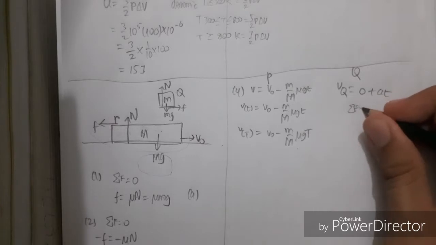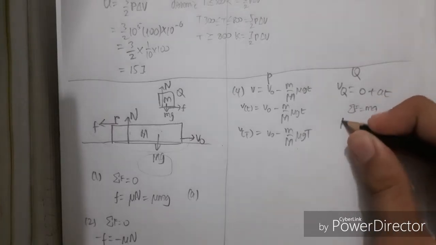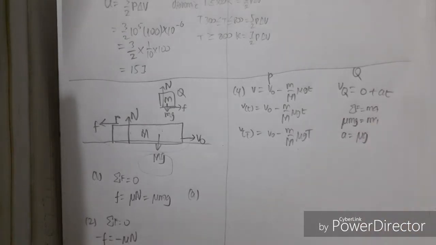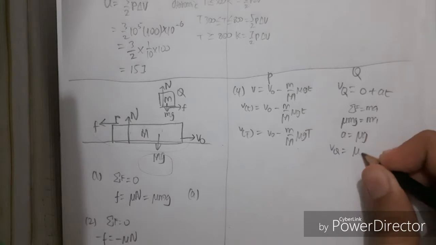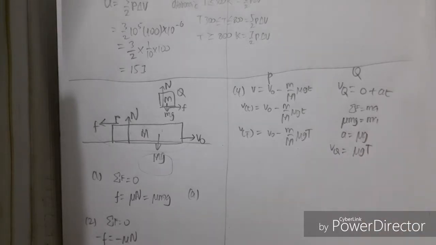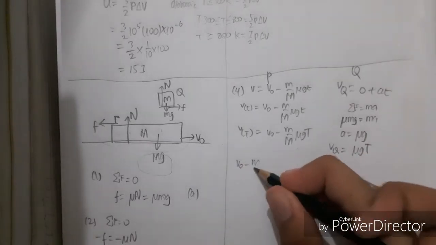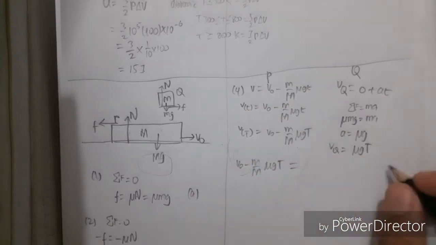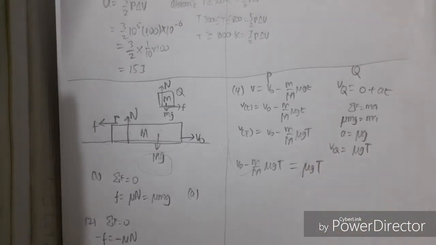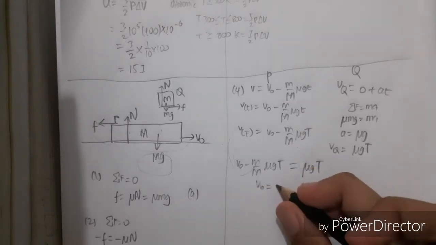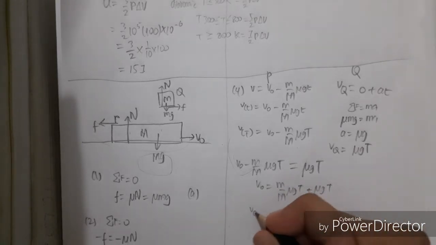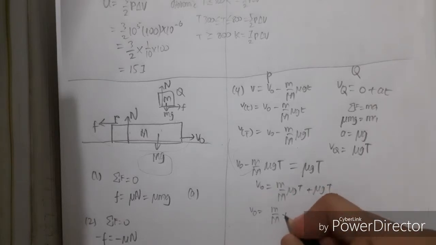So sigma F equals MA, and mu MG equals MA, and A equals mu G. So VQ is mu G T. Because they are moving at equal velocity, the velocity of P equals the velocity of Q. So V0 minus m over m mu gt equals mu gt. We can factorize it, m over m plus 1 mu gt.